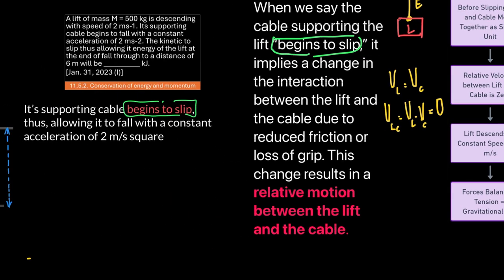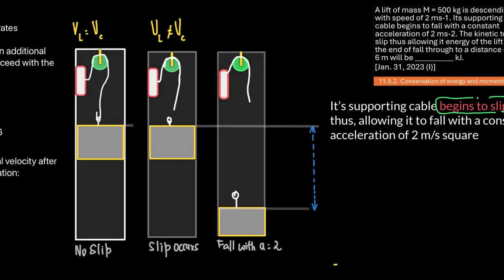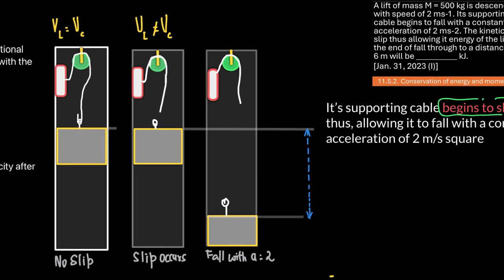Now we'll go into the numerical part, but before that, let us visualize this portion. We have VL equal to VC, which means before slipping, in the no slip condition, the velocity of the lift is equal to the velocity of the cable, because they are traveling together.